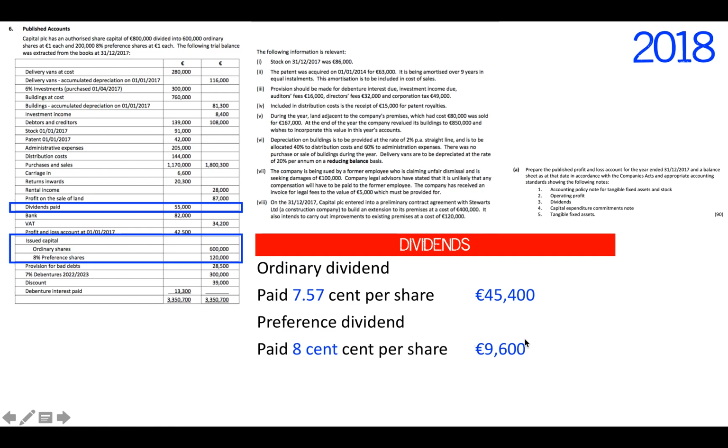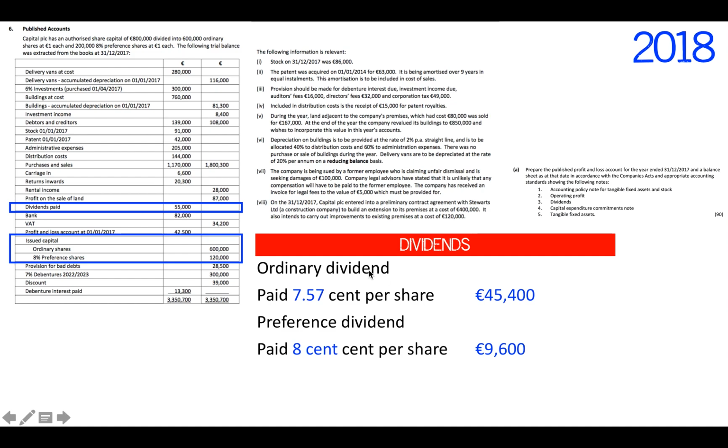How do I know that? Well, there's a fixed percentage that they must be paid. So that is 9,600. So 120,000 multiplied by 8%, 9,600. Now, how do I find out how many cent per share? I divide that 9,600 by the number of shares, and the number of shares are 120,000, and I know that because the shares are €1 each. Now, if I have paid 9,600 to the preference shareholders, how much have I paid to the ordinary shareholders?